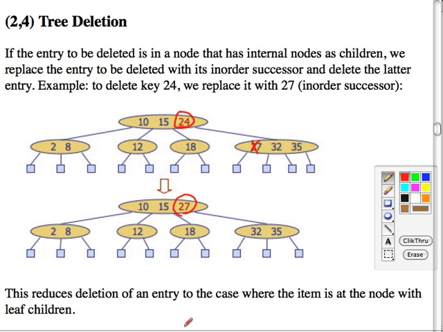So that all works pretty well. And that means that we have a way of dealing with deleting keys that are in these higher level nodes that reduces it to the problem of deleting keys in a node that has leaf children. So now for any complications we only need to consider this case where we're deleting from a node with leaf children.